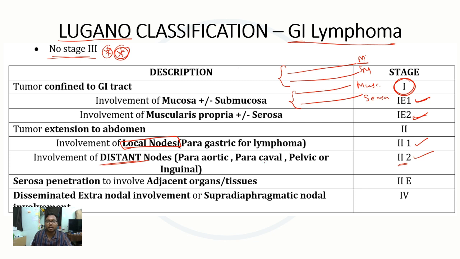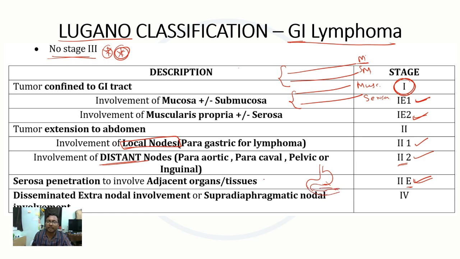Then there is another entity called 2E. What do you mean by 2E? Whenever the GI lymphoma has penetrated the serosa and is involving adjacent organs, for example, when you have stomach GI lymphoma that has penetrated the serosa and is involving the nearby small bowel.